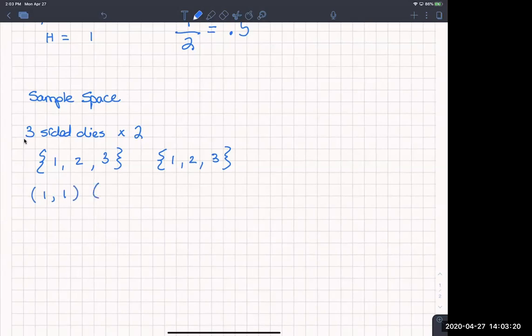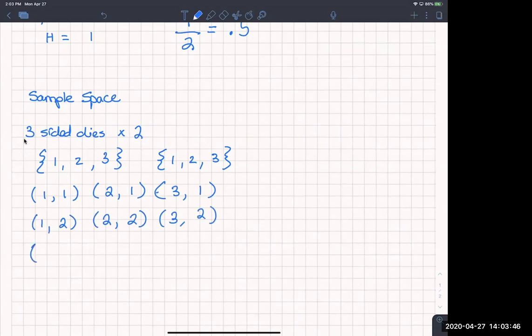You can get 2 on the first die, 1 on the second die. And you can get 3 on the first die, 1 on the second die. Then we can do this again. 1 on the first die, 2 on the second die, 2 on the first die, 2 on the second die, then 3 on the first die, and 2 on the second die.